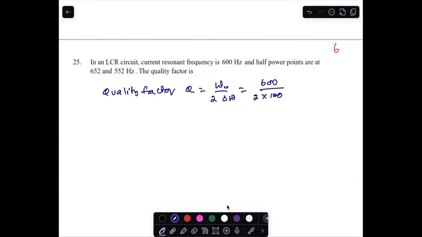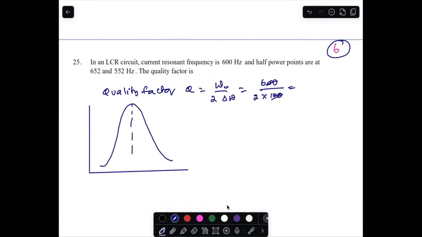Actually, it should be 3, no? But they have given actually 6. Wrong. Yeah, actually 1 minute. I'll explain you what is 2 delta omega. This is called delta omega.